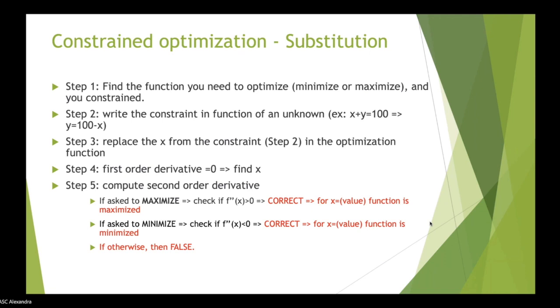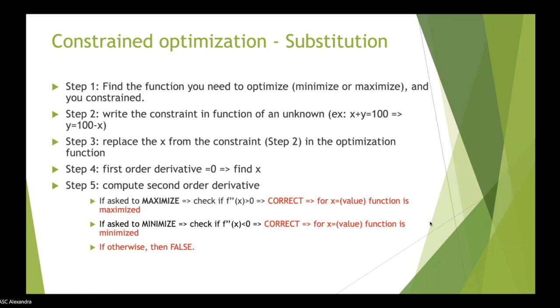When you're given the function of the constraint, or you deduce the constraint that you have, either your budget or the limitation on your quantity, you will use it as a method to turn your optimization function into a one variable dependent equation. So if, for example, your constraint says x plus y equals 100, you just want to write one of the two in function of the other. So in this case, we took y equals 100 minus x.